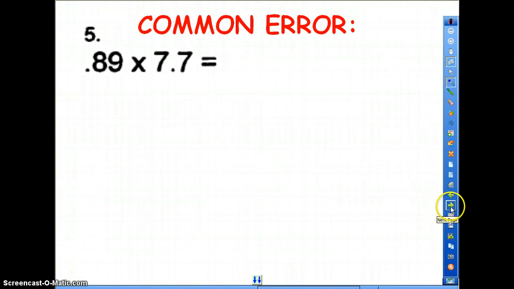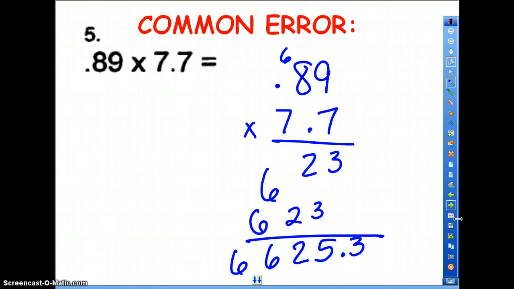Let me show you what the common error is on this. Most kids know you don't have to line up the decimal point. If your teacher taught you to line up decimal points, that's fine. You'll still get the same answer. Take a look at this. I see a lot of this. What do you notice happening here? Okay, one of the things I notice is things are starting to slide. We're not getting numbers in the right columns. They're not being lined up properly.